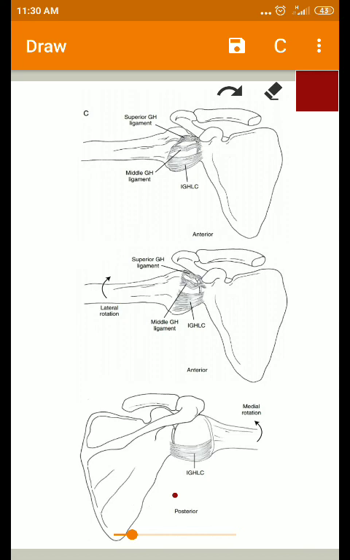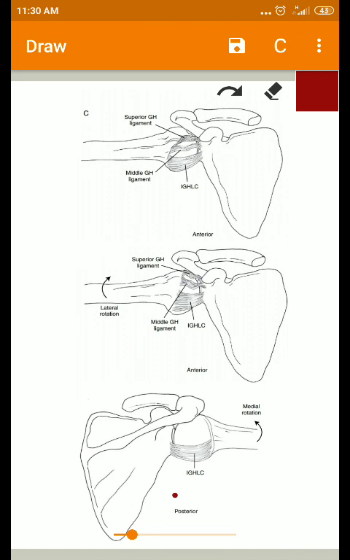It supports the joint superiorly by preventing superior translation of the humerus, especially when the dynamic stabilizing force of the rotator cuff muscles is impaired.